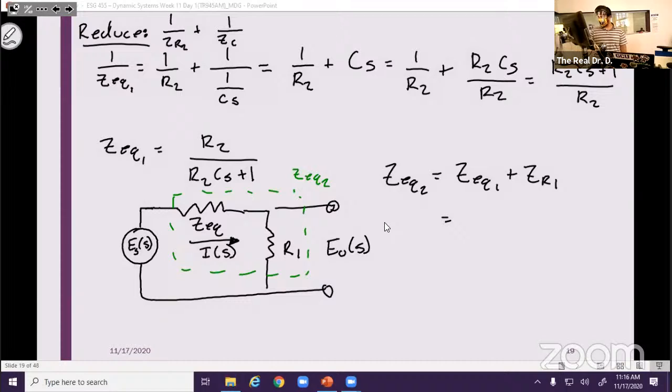So this is R2 over R2 CS plus 1, plus R1. And we will algebra this a little.